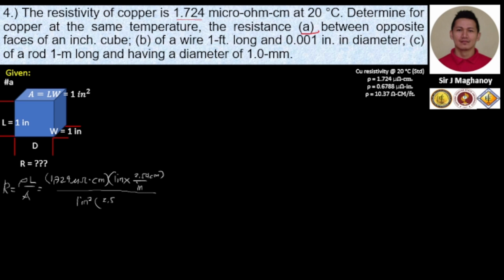That is 2.54 centimeter all over 1 inch squared. Since it is squared, we cancel out some common units. So the inch is converted to centimeter. The remaining unit here is micro-ohm square centimeter, and in the denominator, we cancel out square inch and the remaining unit is square centimeter.